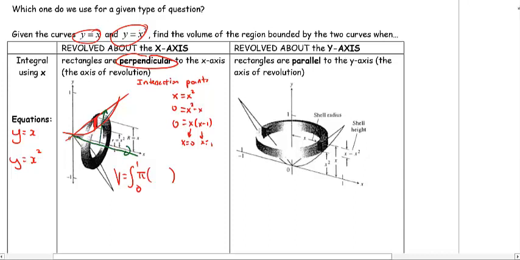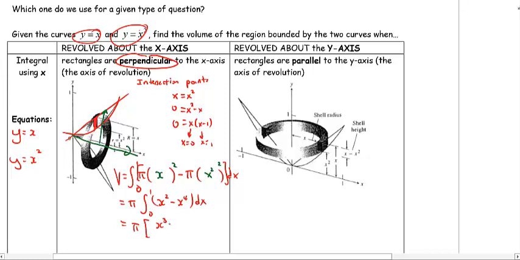In this case that would be that line, so this will be x, don't forget squared, and then we subtract from that the inner radius squared, which in this case would be x squared, and then don't forget dx. We can write this a little bit nicer. The integral, I'm going to take out the pi, it's a constant, so I get x squared minus x to the power 4 dx.